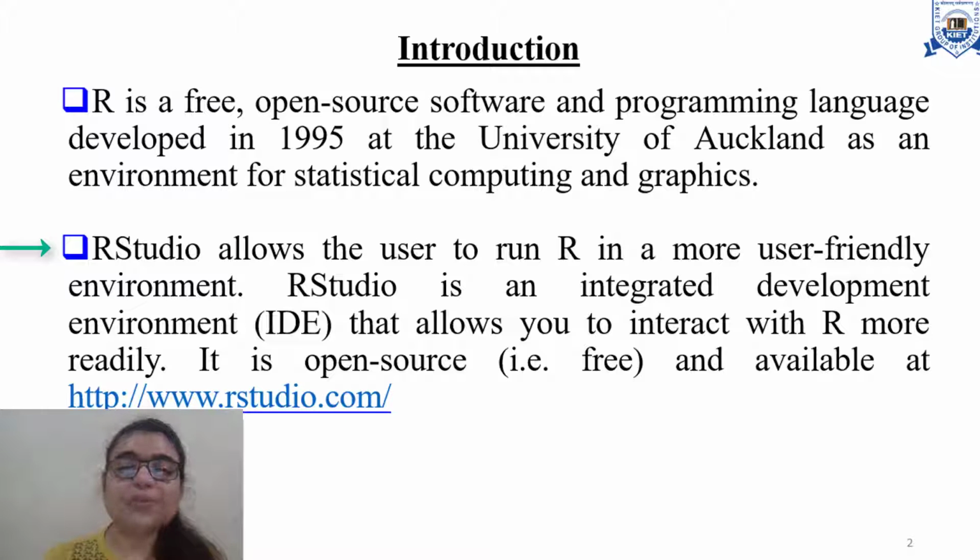RStudio allows the user to run R in a more user-friendly environment. It is basically an integrated development environment that allows you to interact with R more readily. It is an open source environment which is available at the link mentioned in the slide here, that is www.rstudio.com.